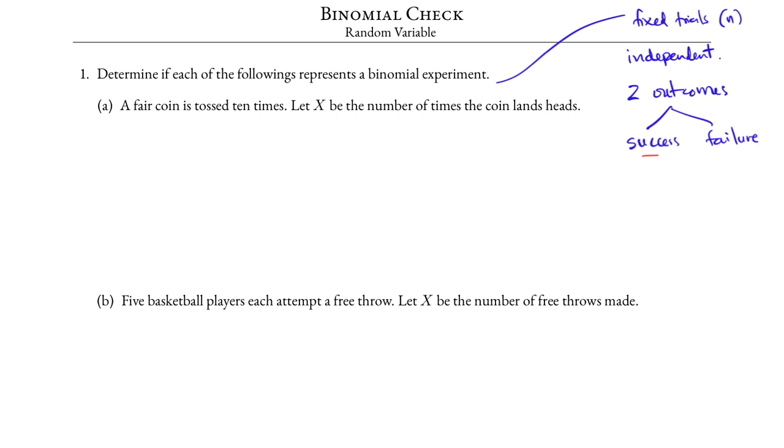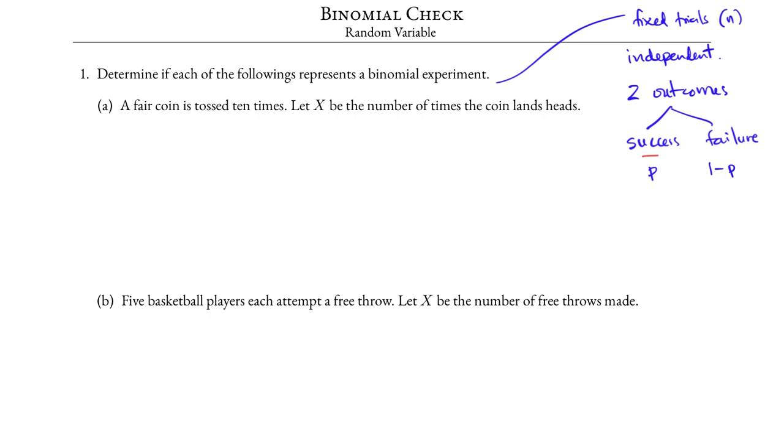And lastly, we need to have the same probability of success, called lowercase p, for each trial. And because of that, the probability of each failure must be fixed at 1 minus p, whether it is a success or failure. And so those are the conditions for the binomial experiment.